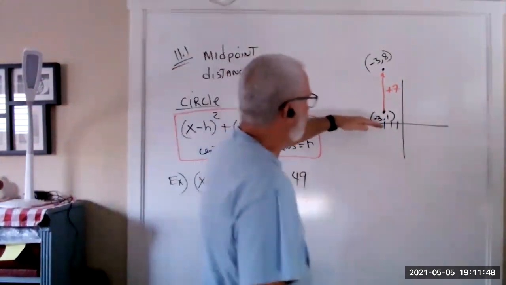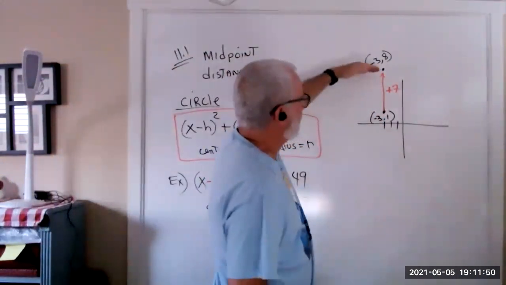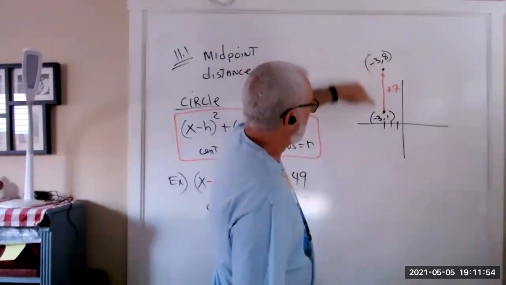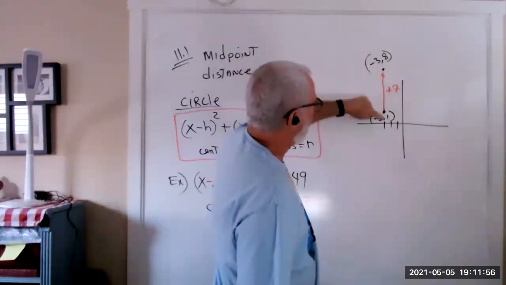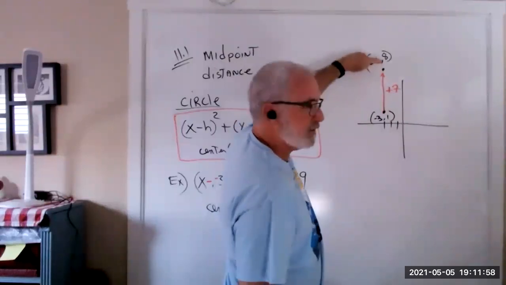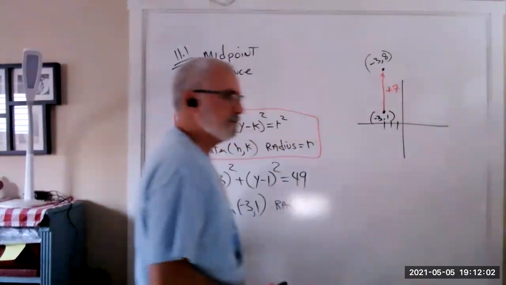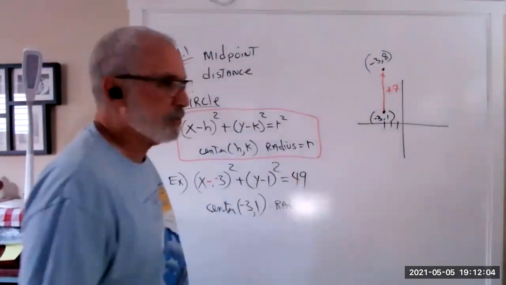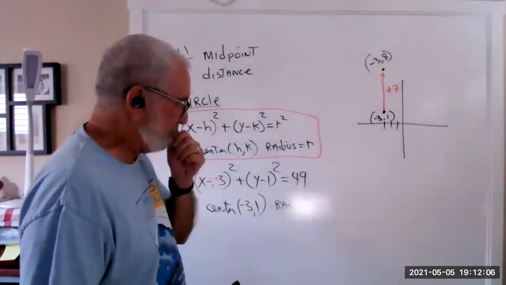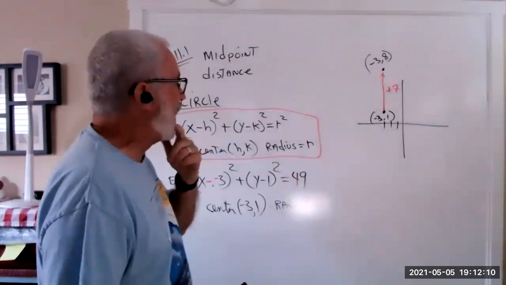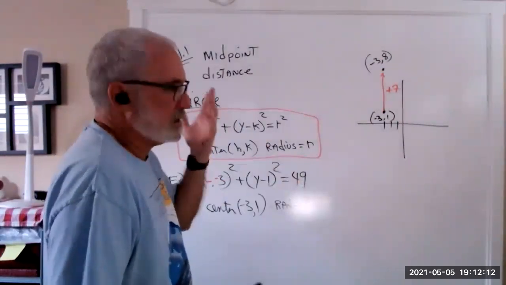So from the center, if I go up 7, my x value will stay the same, but my y value will increase by 7. So that's one of the points I was talking about. Can anybody find another point? If I wanted to do it quicker in my head, can I just add or subtract 7 to both the x and y value individually? That's all you're doing.